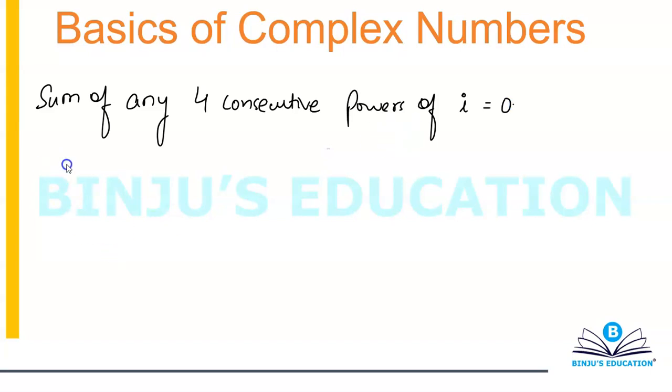For example, we started with iota, then iota square was -1, iota cube was negative iota, iota to the power 4 was 1. Add these four numbers, you get a result of 0.